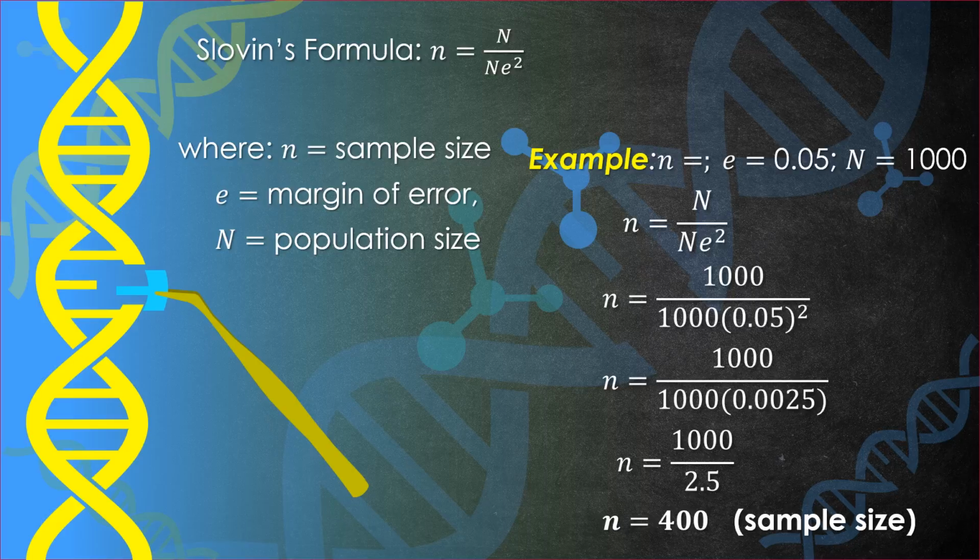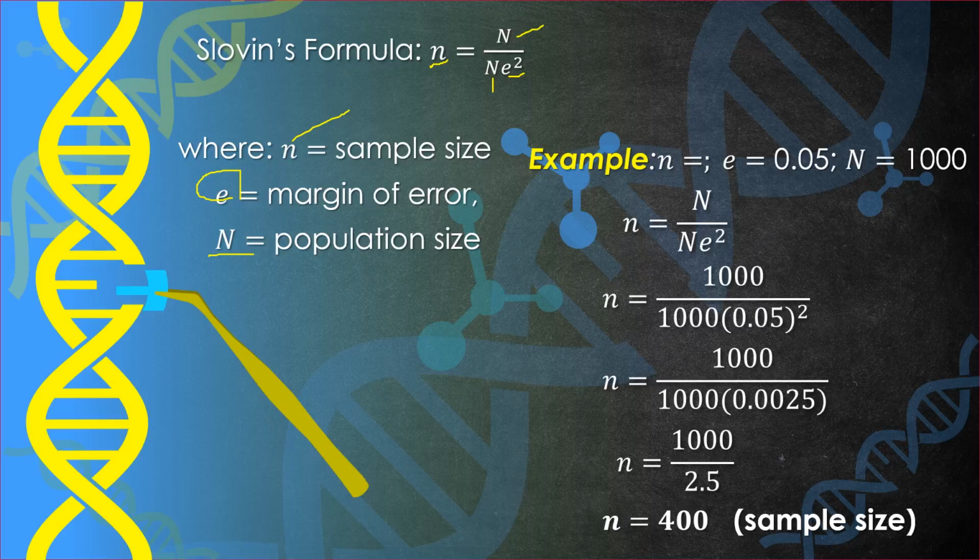E is the margin of error, squared. Then uppercase N is the population size.